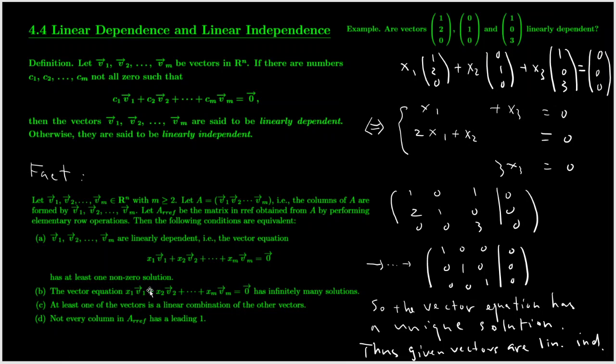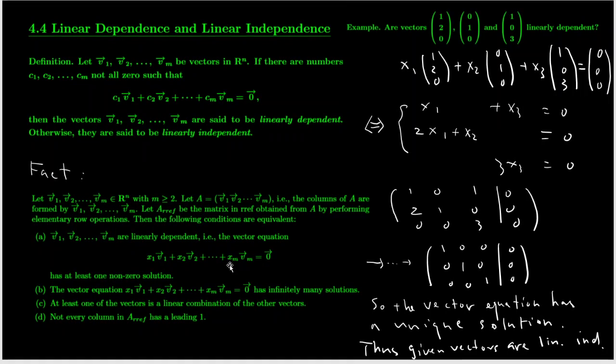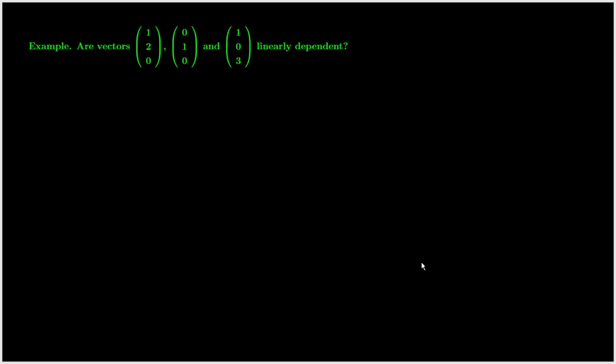To use the shortcut method, we use the same way to form a matrix A. You put the components of the vectors in columns. The solution using the shortcut method: we form a matrix the same way.